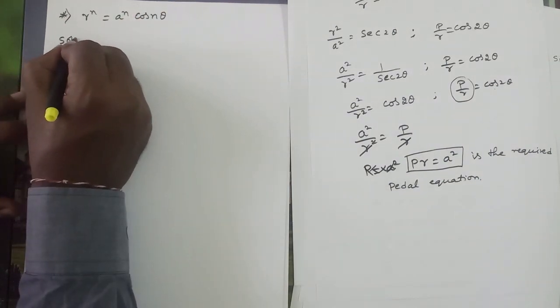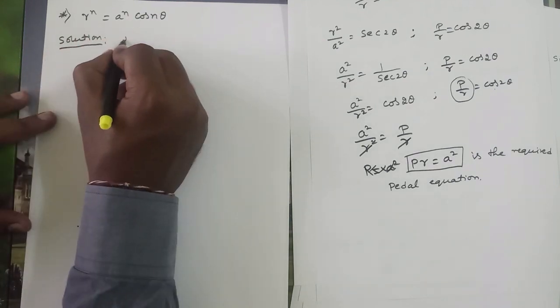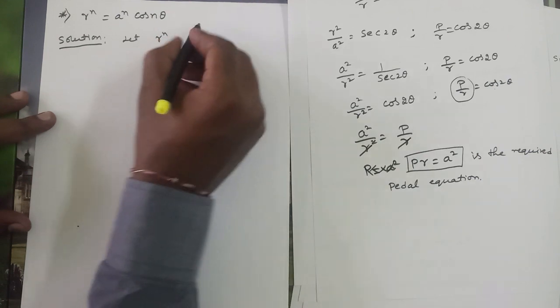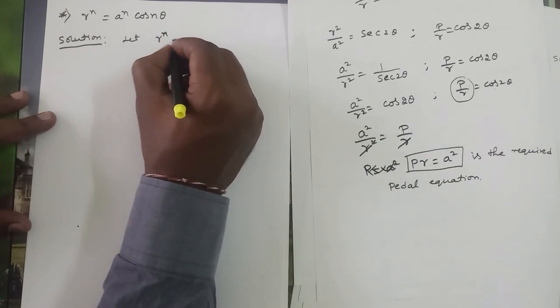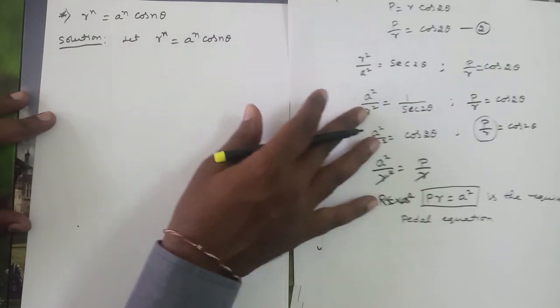So solution. Let R to the power of n equals A to the power of n into cos n theta.